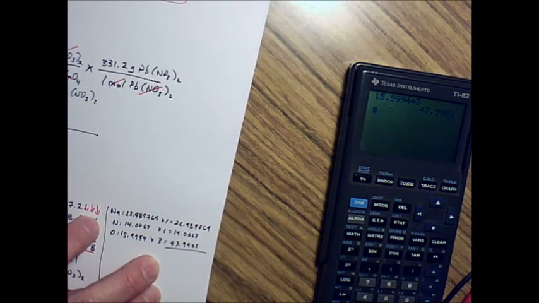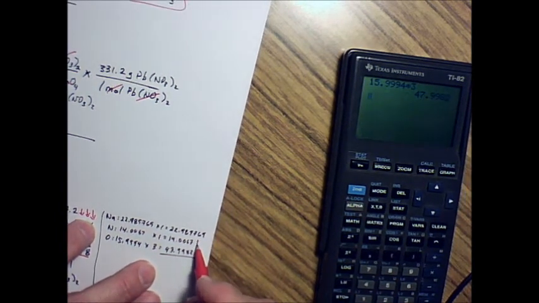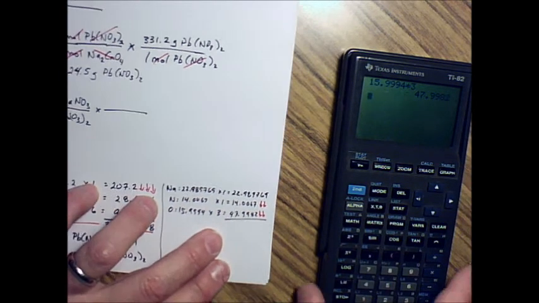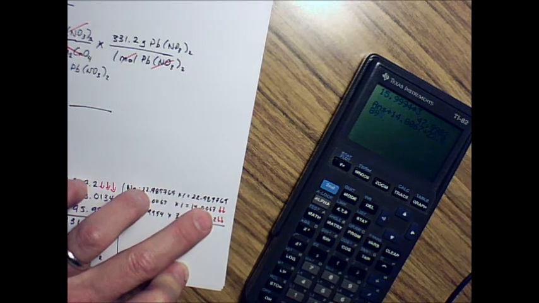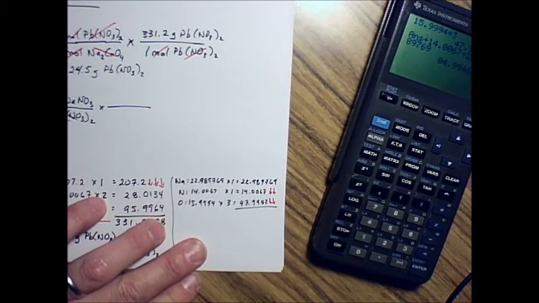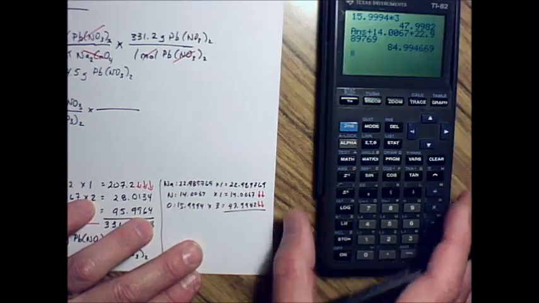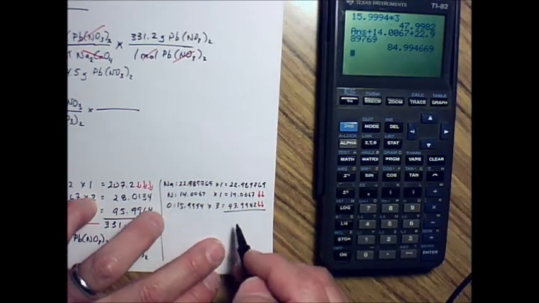Got 2 empty slots on the end, and I get 84.994669.